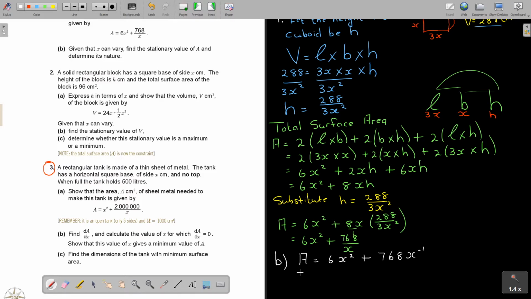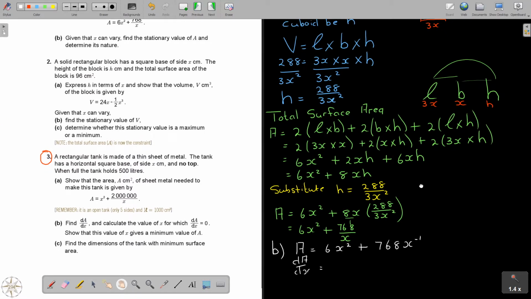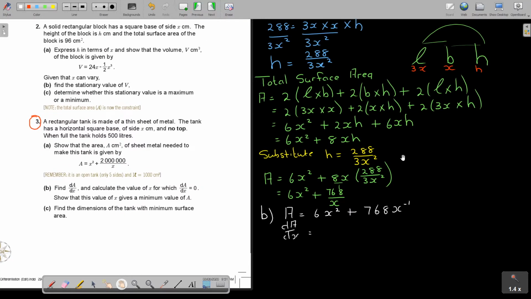So basically, I'm going to get dA over dx, it's going to be 12x minus, because it's going to be multiplying that, so minus 768, and that's x to the power of negative 2.